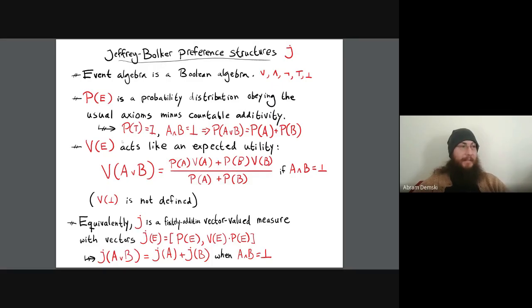So specifically, the probability of top is going to be 1, and if two things are mutually exclusive, then their probabilities sum together.